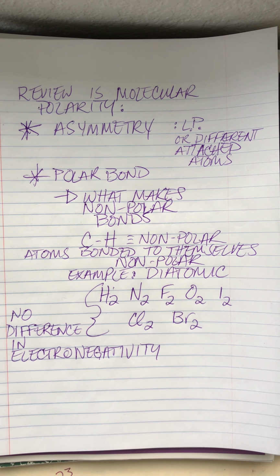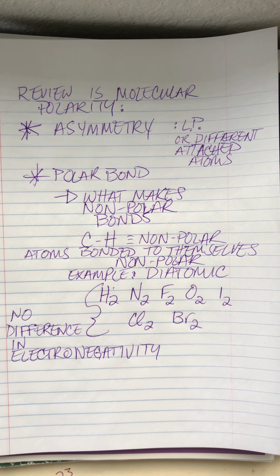You have to have a difference in electronegativity. Does anybody remember what electronegativity is? Basically, it doesn't have to be a textbook definition. I was gonna say like the tendency to pull more electrons. Yes, totally, exactly. You're killing it.